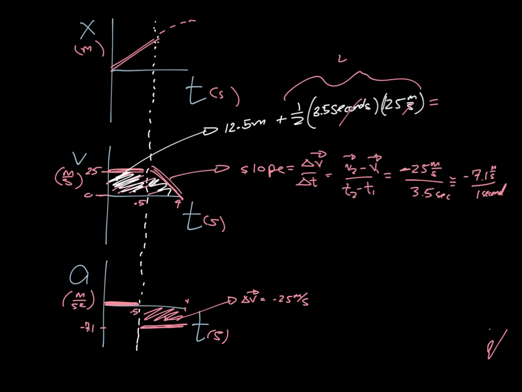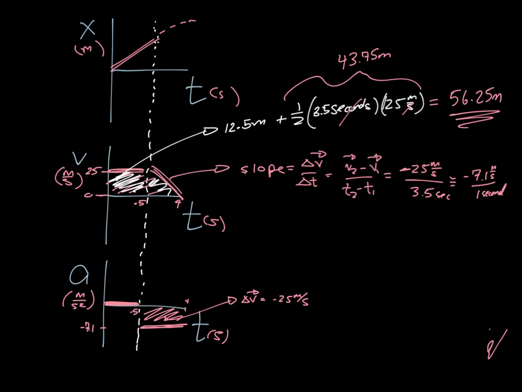That can't be right. Let me try that again. 3.5 times 0.5 times 25. 43.75. Okay, so that's 43.75 meters, right? And then the other part is going to be 12.5. So 43.75 plus 12.5 gets me 56.25 meters. That's going to be my stopping distance.